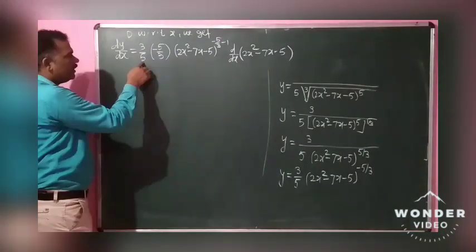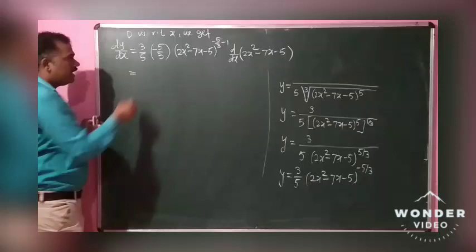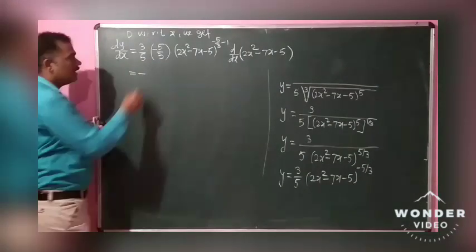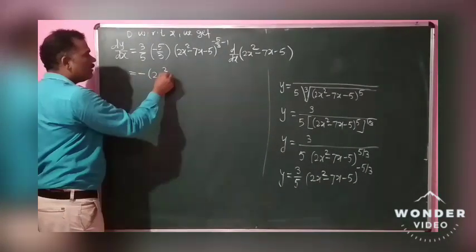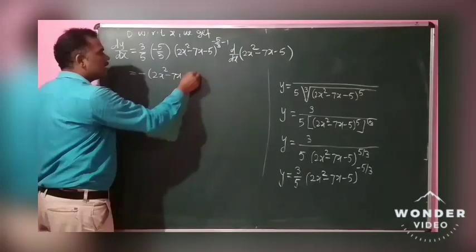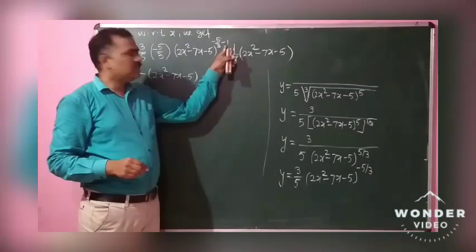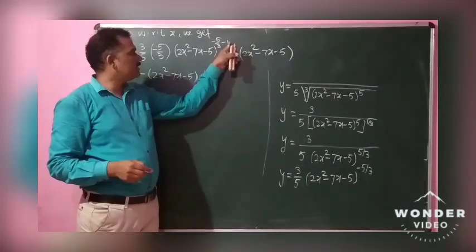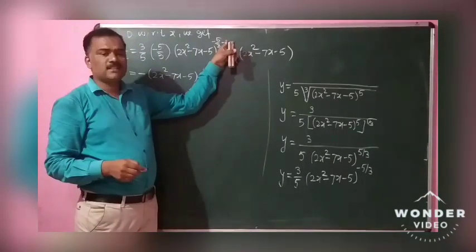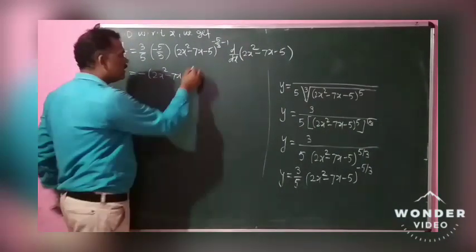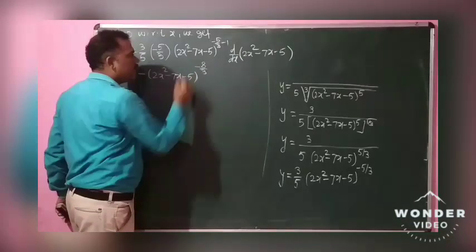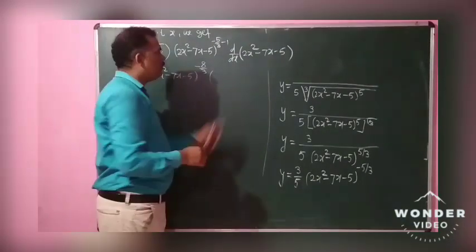Okay, what do we get here? See here, 5 gets cancelled, 3 gets cancelled. It means that remaining is only the minus sign into 2x square minus 7x minus 5 raised to, by equalizing the denominator or by simplification, we take 3 on this side, minus 5 minus 3 is minus 8, that is minus 8 by 3 into, now what is the derivative of this x square?